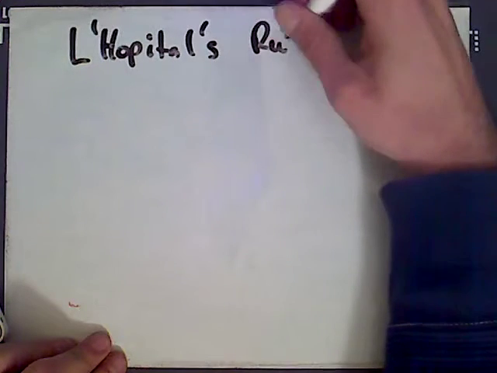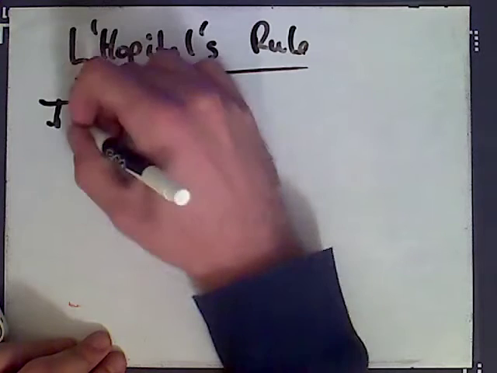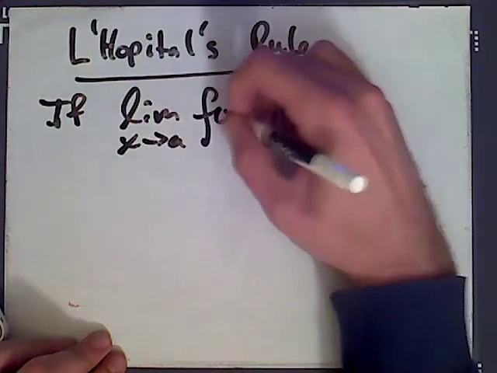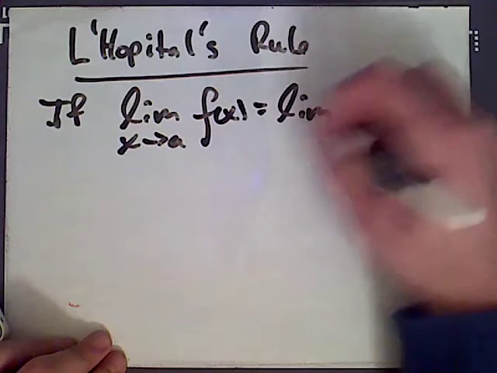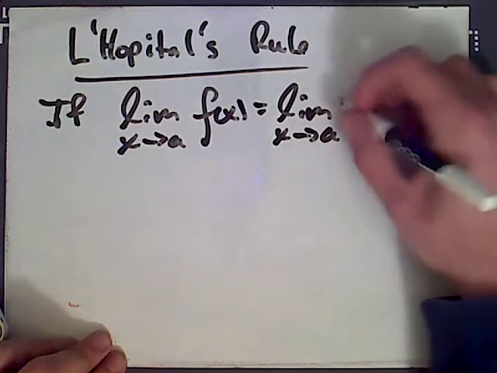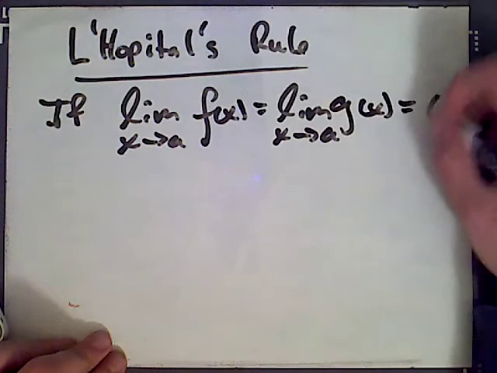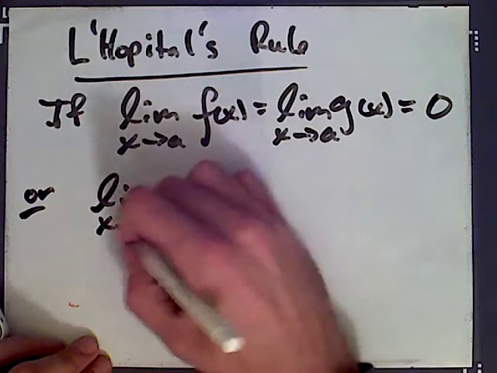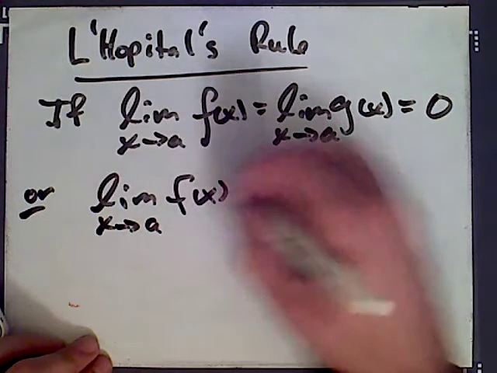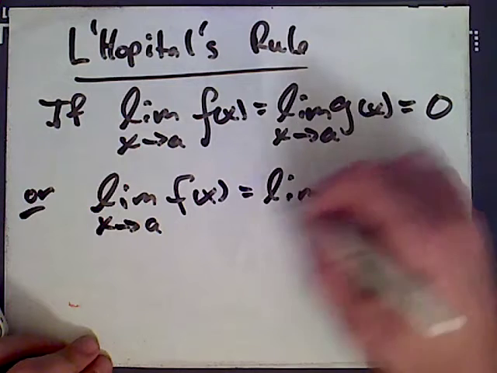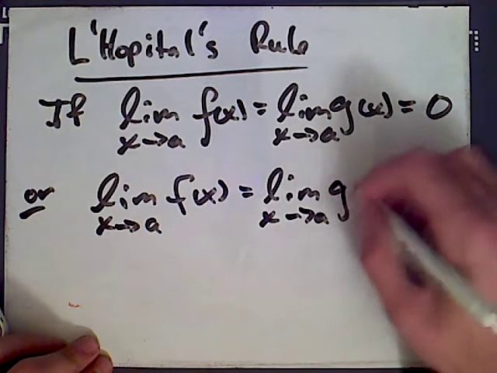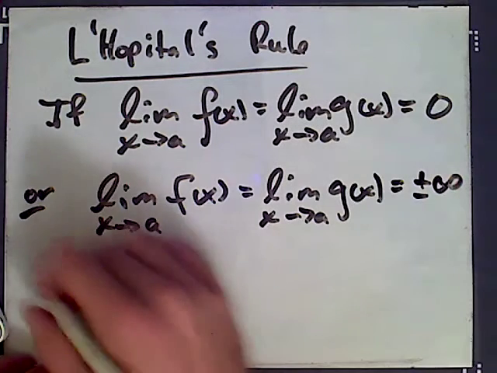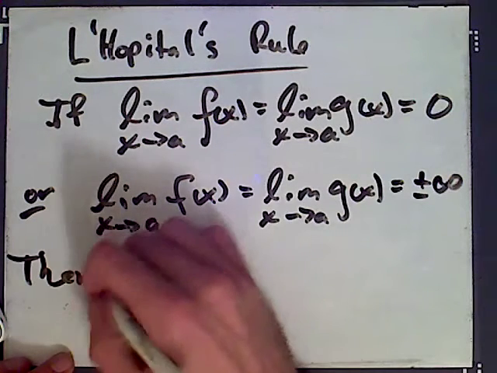It says, if the limit as x goes to a of f of x is the same as g of x, and these are both 0, or they're both plus or minus infinity, then what we can do in evaluating the limit of the quotient is the following.